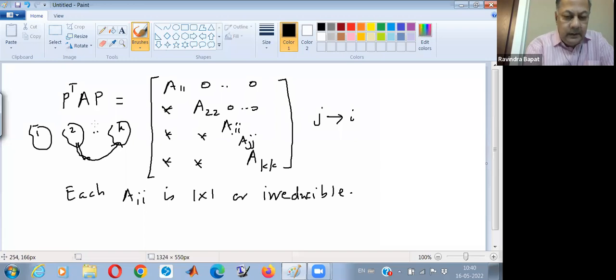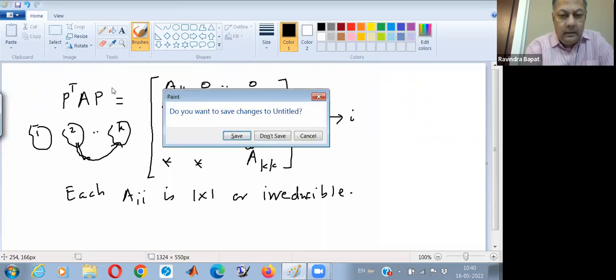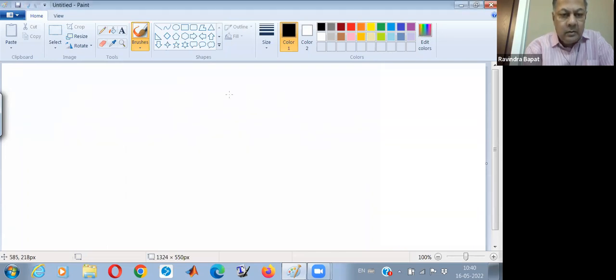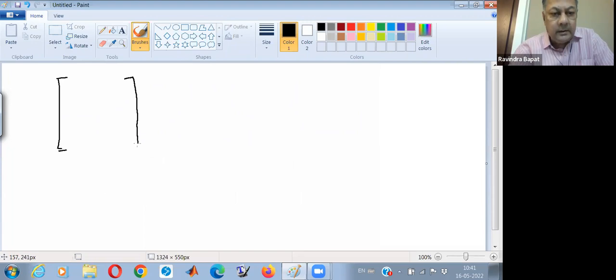So let me show you one result which is a very graph theoretic result, and it uses this access notion. Let me first take a very simple non-negative matrix.